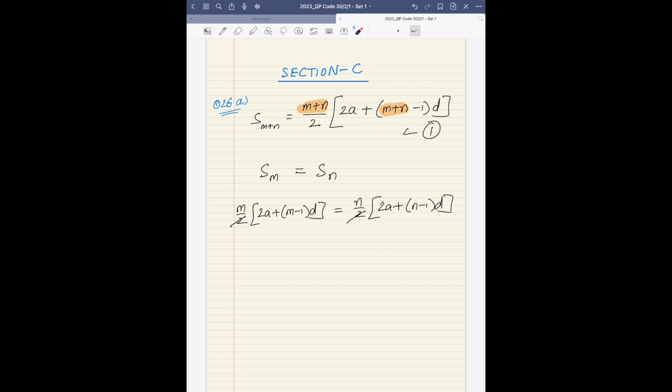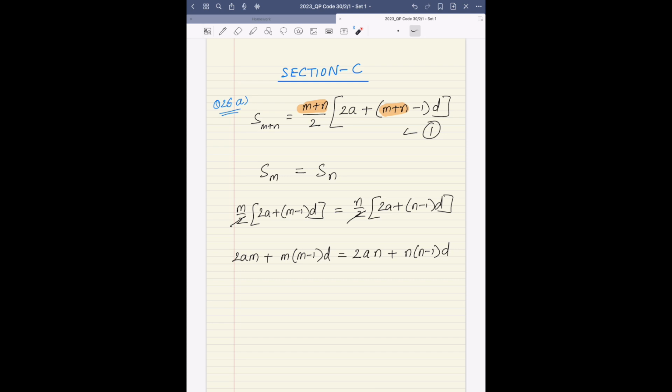So we are left with no choice other than opening the bracket. So open it. m into 2a becomes 2am plus m into m minus 1 times d is equal to 2an plus n into n minus 1 times d. Now we are stuck. What to do? The hint is always given in what you are trying to prove.